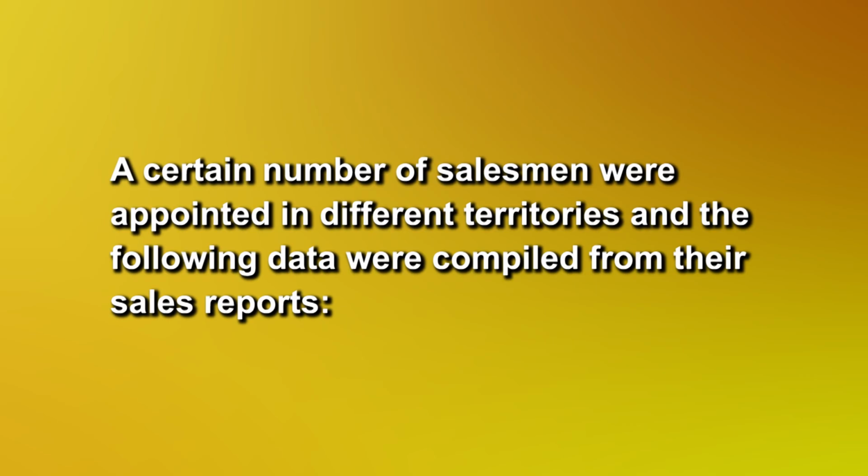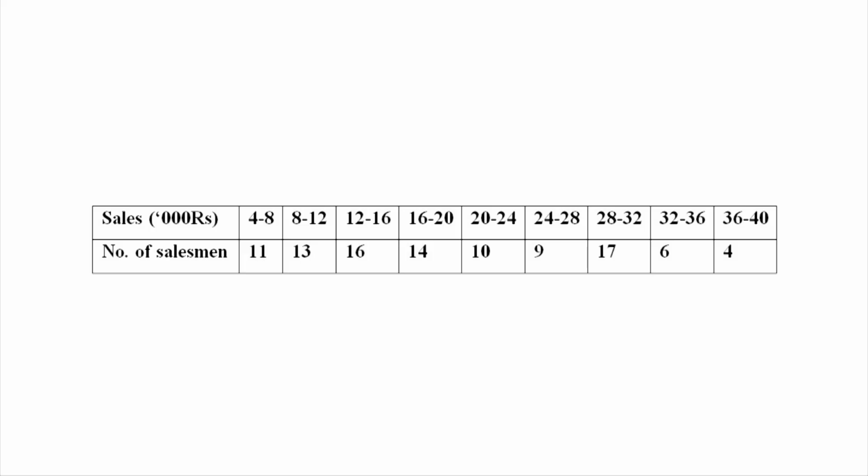A certain number of salesmen were appointed in different territories, and the following data were compiled from their sales reports. The sales are recorded in thousands in the intervals 4 to 8, 8 to 12, 12 to 16, 16 to 20, 20 to 24, 24 to 28, 28 to 32, 32 to 36, 36 to 40.